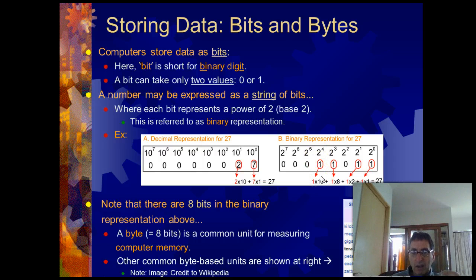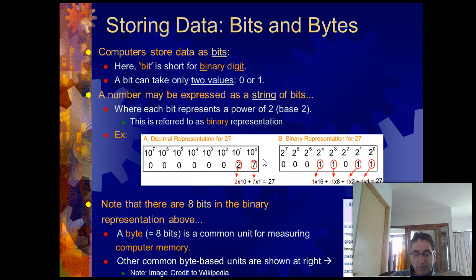Okay, so another way to represent the same quantity: it was represented as 27 in decimal notation, but here it's represented as 11011. This is called binary representation for the same quantity, as 27 was the decimal representation of that quantity.